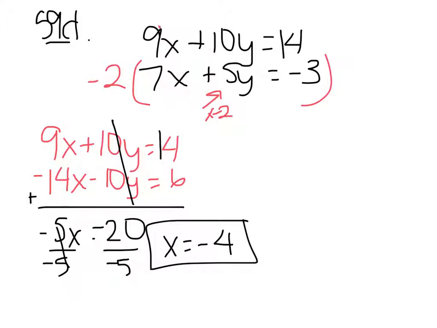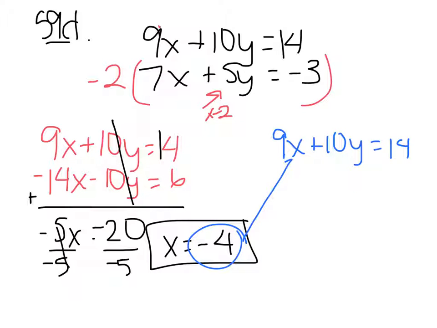Now that we know x is negative 4, we're going to go back into one of the original problems and plug it in. I'm going to use the top equation, 9x plus 10y equals 14. Instead of x, I'm plugging in negative 4. So we have 9 times negative 4 plus 10y equals 14.